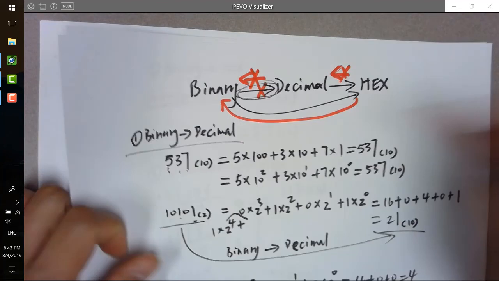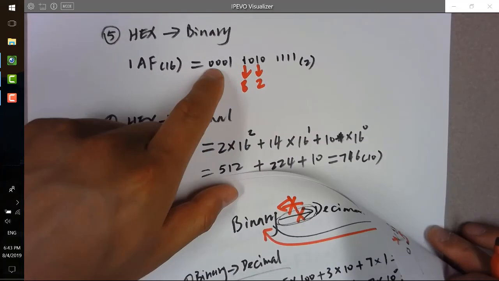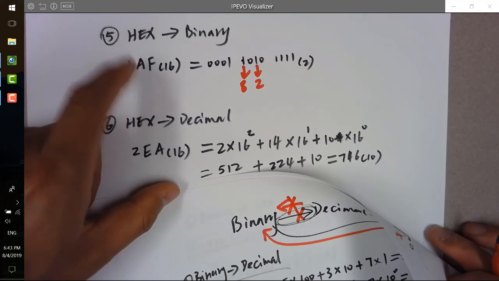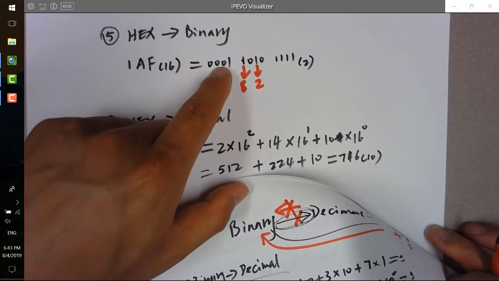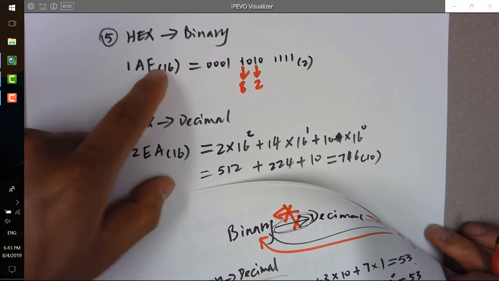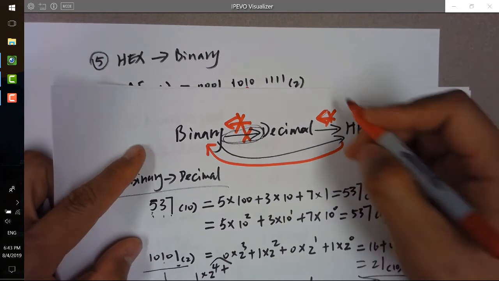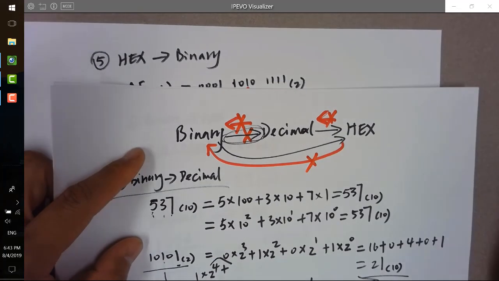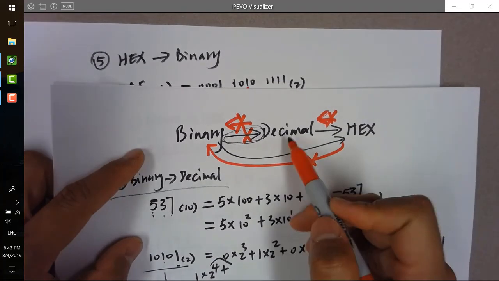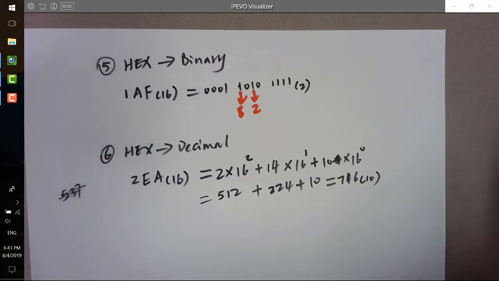Hex to binary, which is easier. We just convert every single digit into a 4-digit binary number, one by one. Then we are done. Okay. So that's hex to binary. We're done as well. What about decimal to hex? How did we do that?